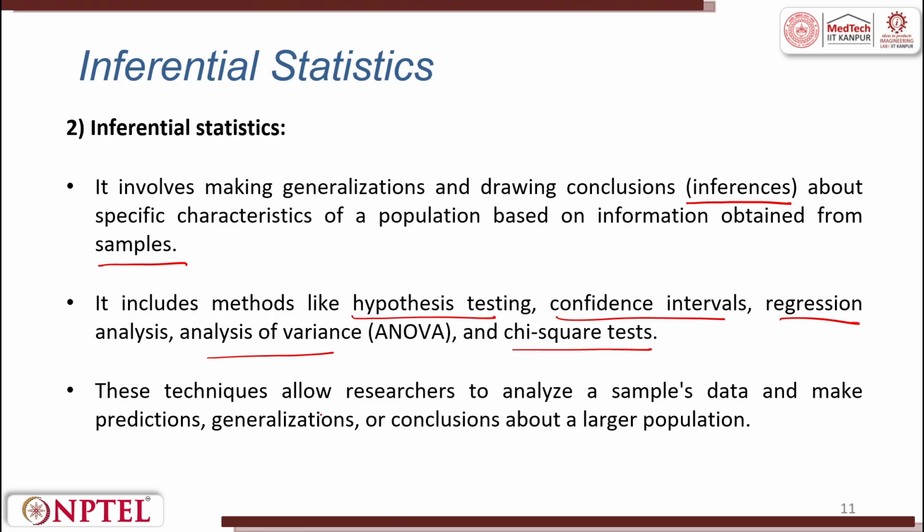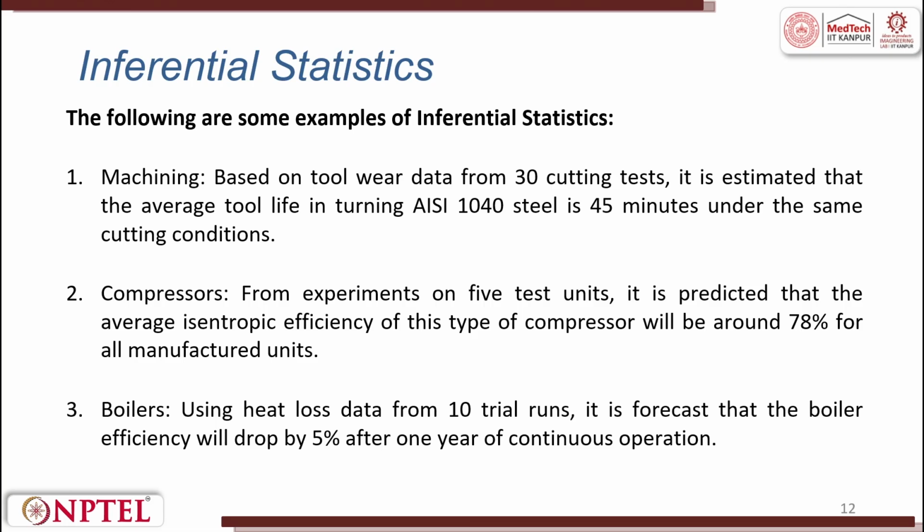These techniques allow researchers to analyze a sample's data and make predictions, generalizations or conclusions about a larger population. Let us see the examples in the same fields that I talked about: machining, compressors, boilers, IC engines, etc.